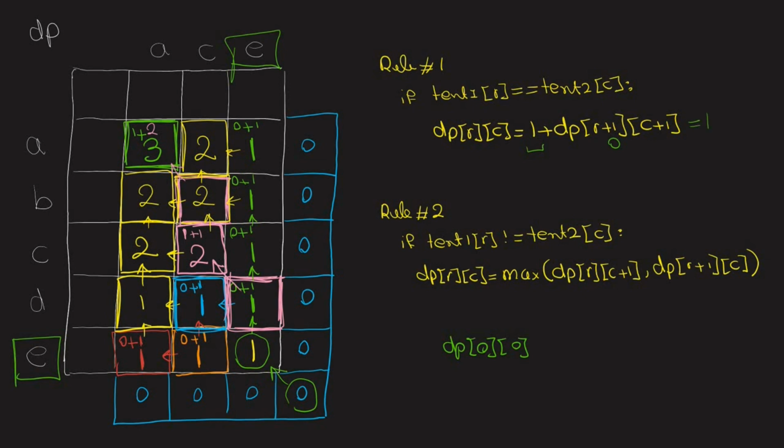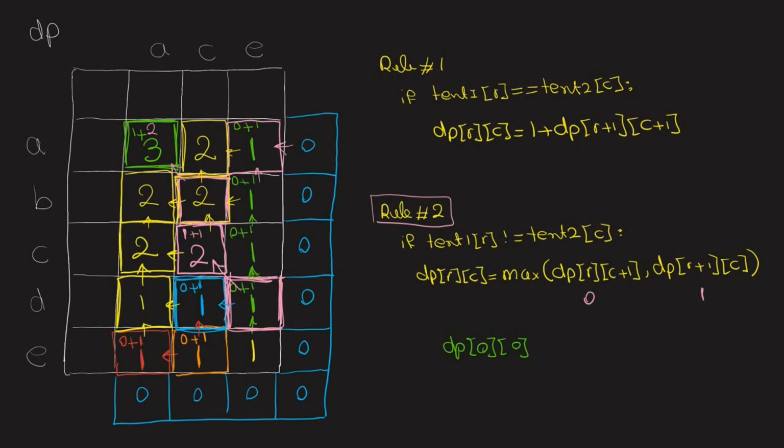So that is correct. Or you can check it for another cell that uses rule 2. For example, this cell where A doesn't match E. So we are at rule number 2. And from down we got 1. From right side we got 0. So the maximum between 0 and 1 is 1. So that is correct again. So it's totally fine to pad zeros to calculate our dp matrix.